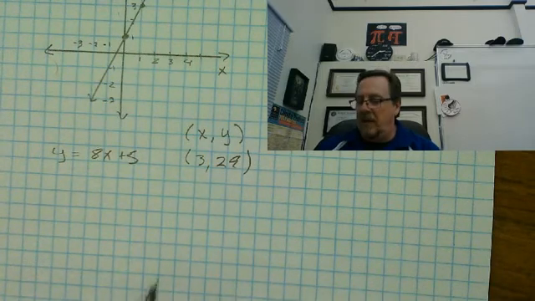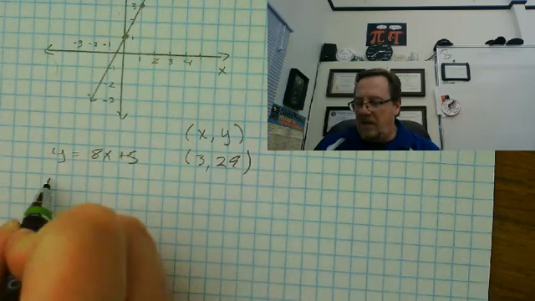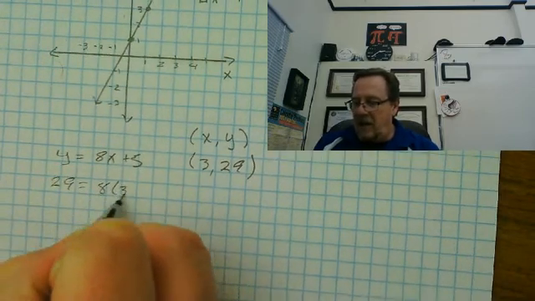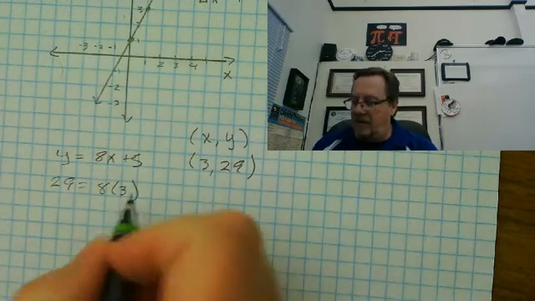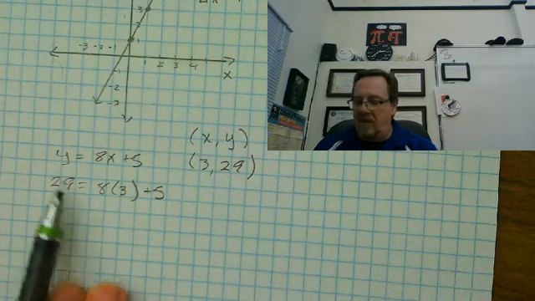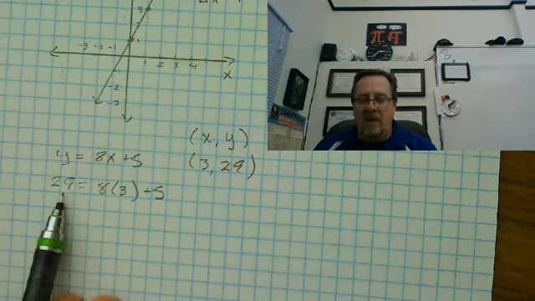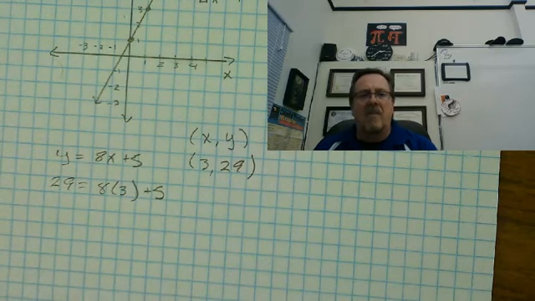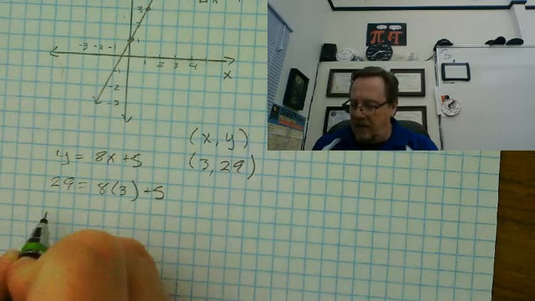So that's what I'm going to do. I'm going to say 29 goes in for my y, and 3 is going in for my x. Okay, so I've replaced my y with 29. I've replaced my x with 3.